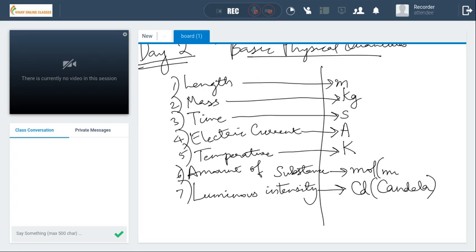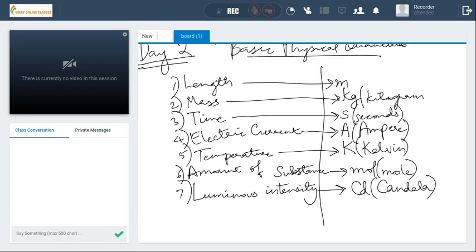This is mole. This is Kelvin. This is ampere. This is seconds. This is kilograms, and this is meters.